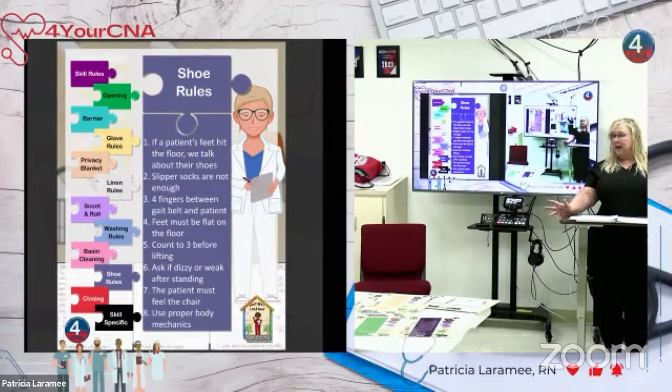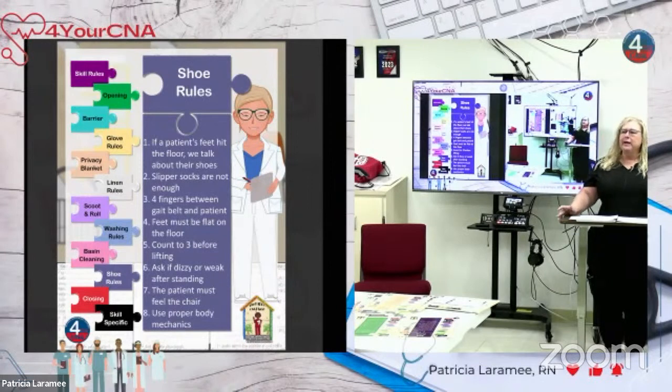Patients are just as valuable as toddlers, and they need to be protected just as much. And they may not be aware of all the dangers. You probably weren't aware of all the dangers 3 minutes ago. So it's our job to make sure that we're keeping them safe. Does that make sense? All right.